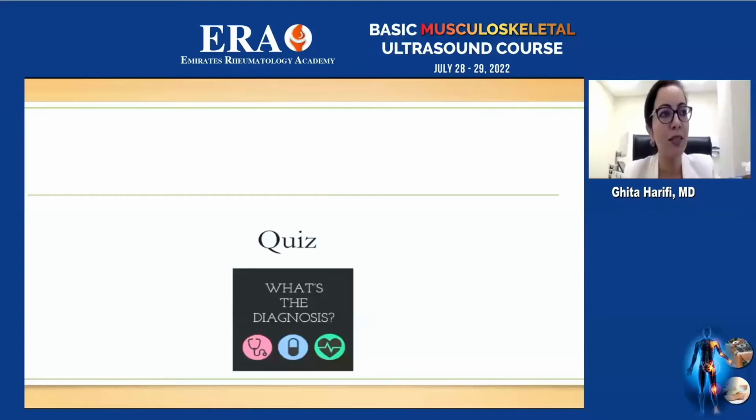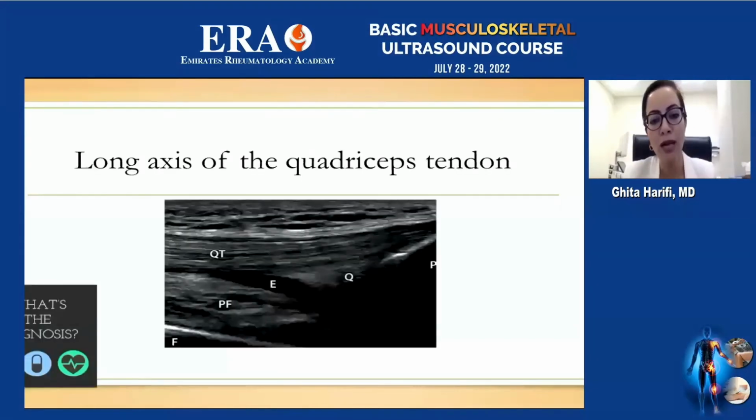I will end this presentation by quickly showing you a few examples of a knee examination showing frequent pathology of the knee. This is a long axis view of the quadriceps tendon, so anterior examination, suprapatellar, longitudinal.